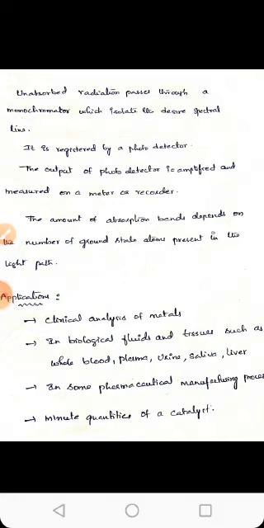In some pharmaceutical manufacturing processes, minute quantities of a catalyst are also analyzed. These are some of the applications of atomic absorption spectroscopy.